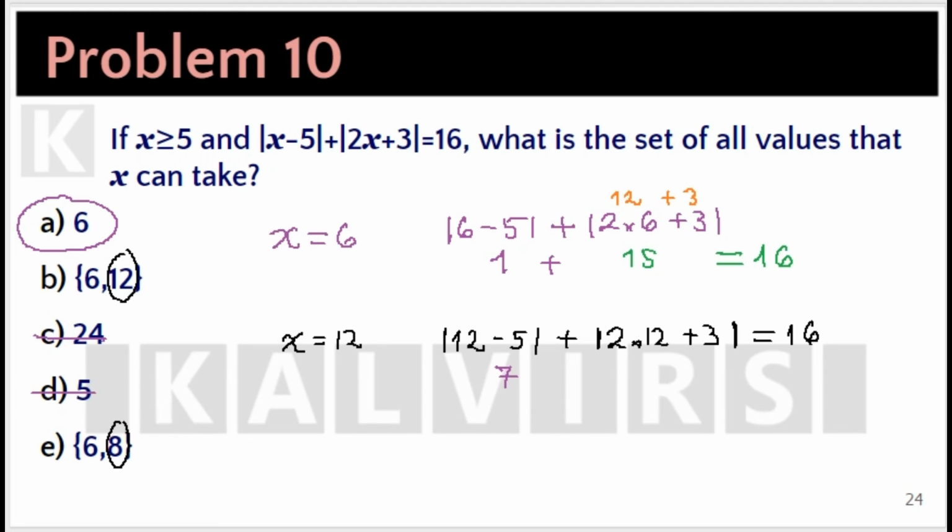Here we get 7 plus 24 plus 3, 27. 7 plus 27 is not equal to 16. Therefore, alternative B is discarded.